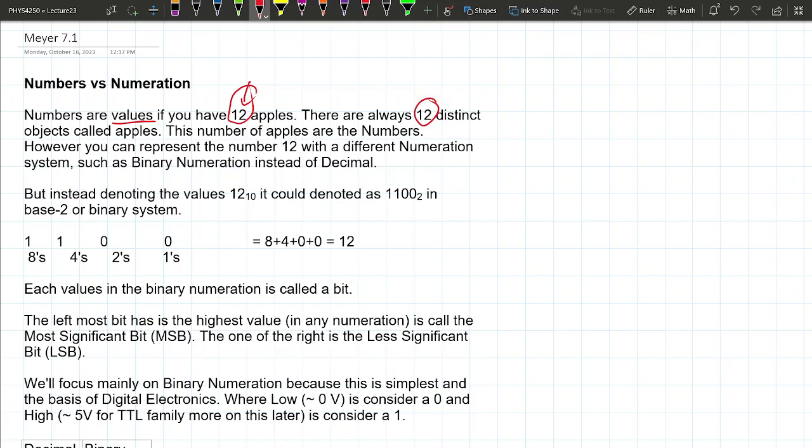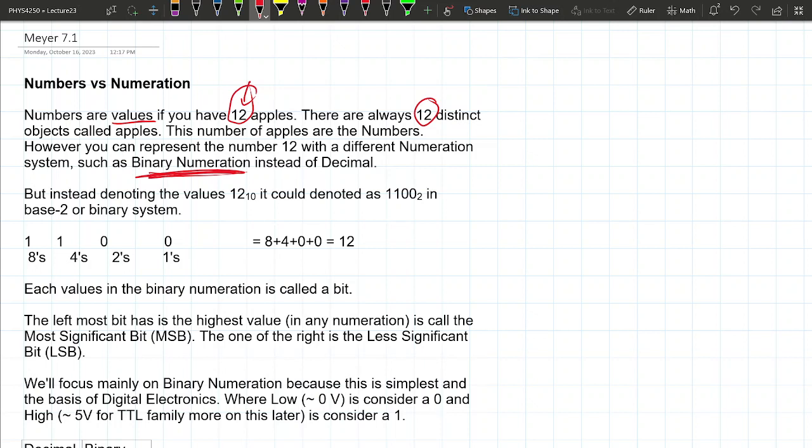This is known as numeration. And in this class, when we go into digital electronics, one thing we have to learn is binary numerations, instead of base 10 numbers. Because we go from 0, 1, 2, 3, 4, 5, 6, 7, 8, 9, and at 10, we move to the next digit, right?